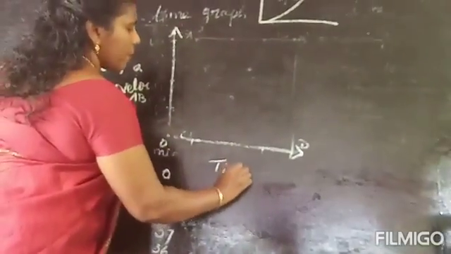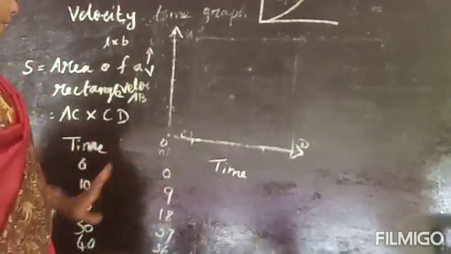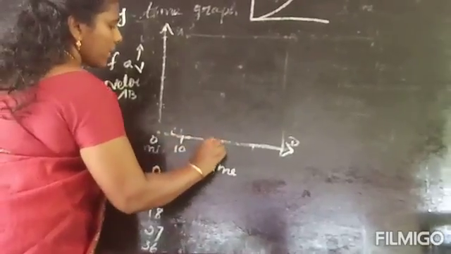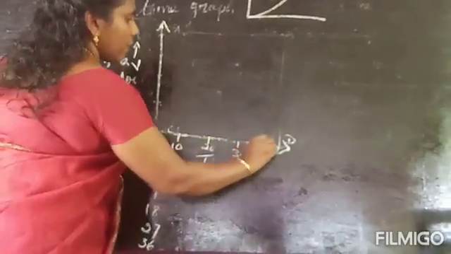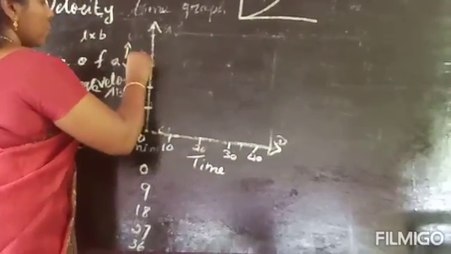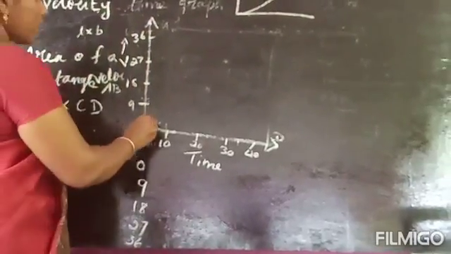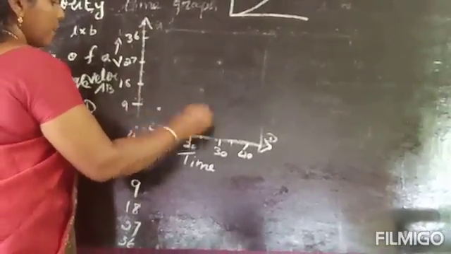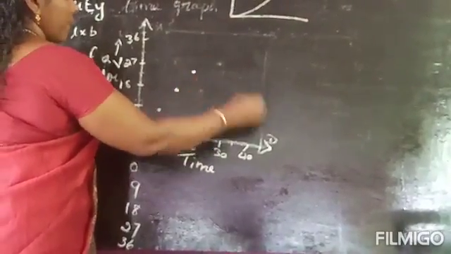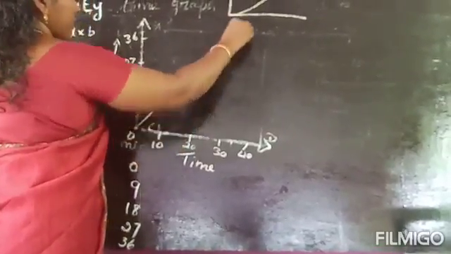Here time, here velocity. Velocity along the y-axis, time along the x-axis. So here 0, 10, 20, 30, 40. Here 9, 18, 27, 36. It is going on. So here we can plot the values 10, 9, then 20, 18, then 30, 27, then 40, 36. So you will get a straight line graph.